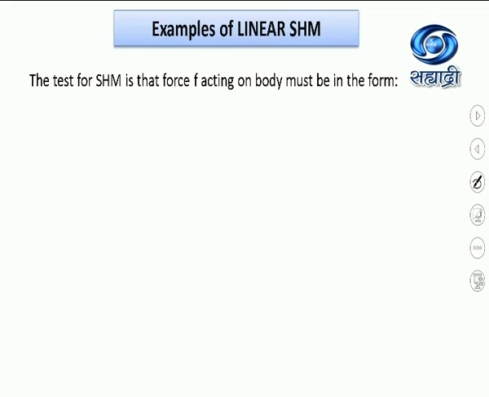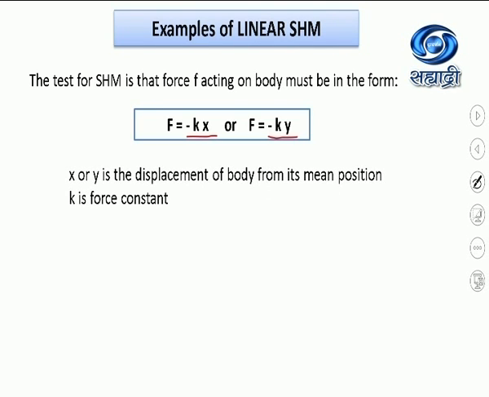So the test for SHM is that the force acting on the body must be in the form F is equal to minus Kx or F is equal to minus Ky, where K is standing for force constant or also called the spring constant, and x or y is the displacement of a body from its mean position.